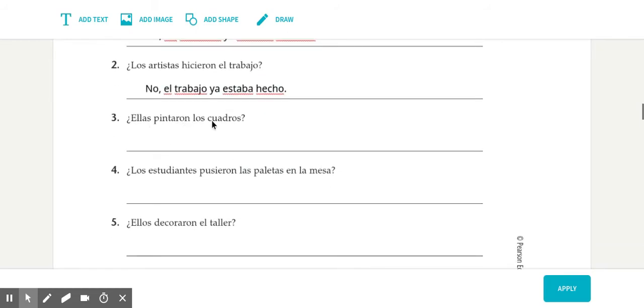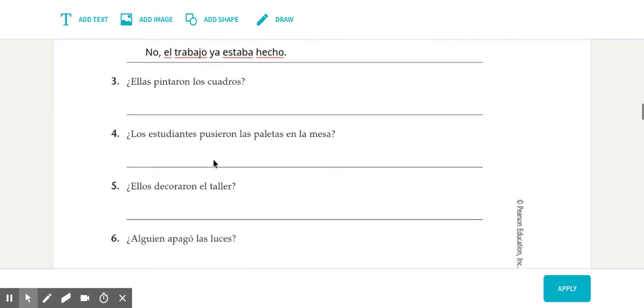Ellas pintaron los cuadros. So you're going to say, no, the paintings were already painted, right? Los cuadros ya estaban pintadas, ¿verdad? Los estudiantes pusieron las paletas en la mesa. The students put the palettes on the table.